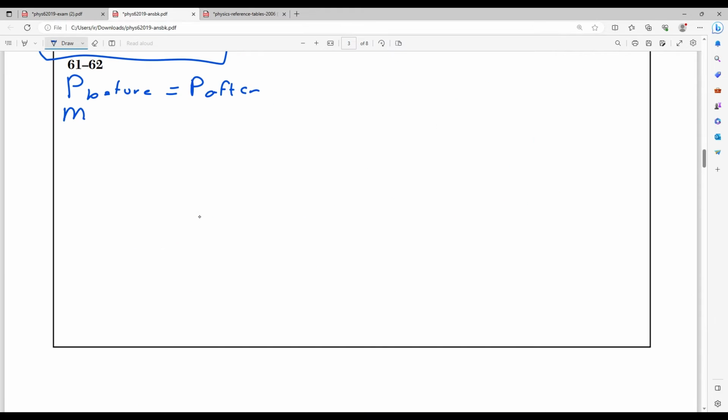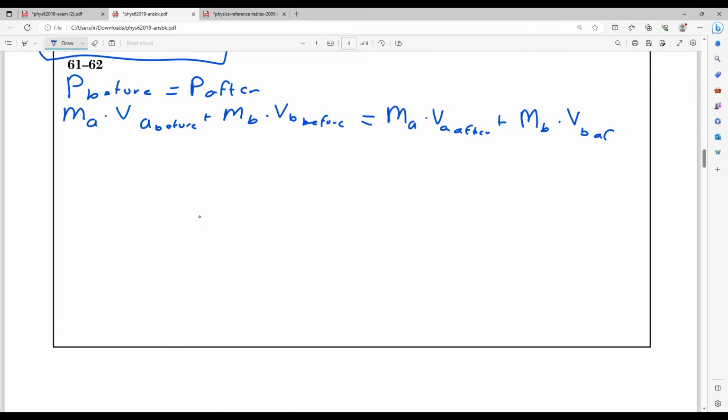So really, what I'm going to have to write down is the mass of A times the velocity of A before, plus the mass of block B times the velocity of block B before, is equal to the mass of block A times the velocity of block A after, plus the mass of block B times the velocity of block B after.